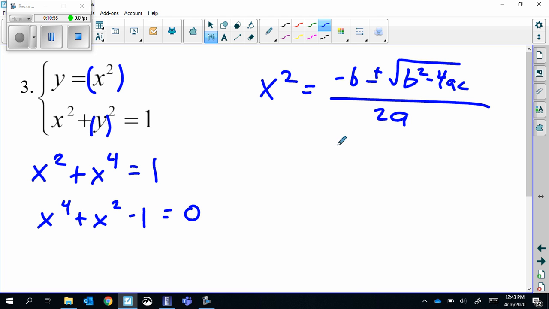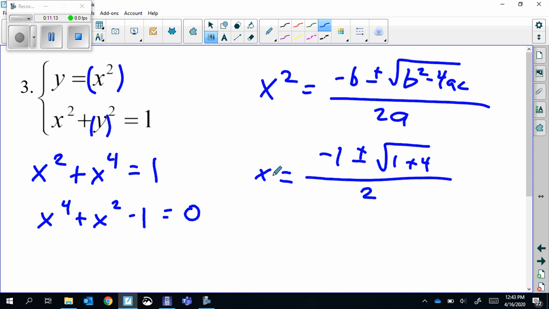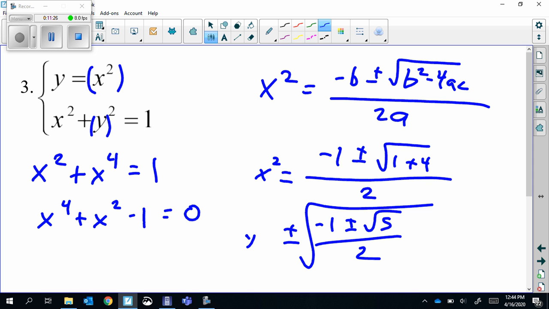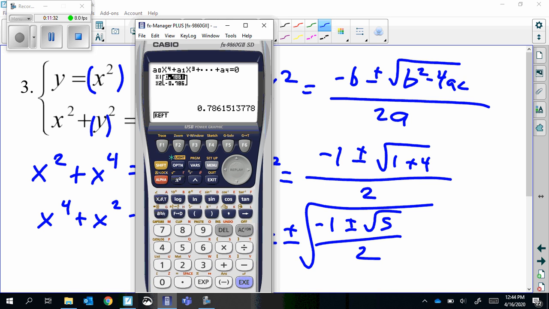So b is 1, 4 times a times c. So that's 4 times 1 times negative 1. Would be negative 4. All over 2a, and a is 1. So this is x squared. Would be negative 1 plus or minus a square root of 5 over 2. But then remember we have to do square root of all of that, and it's plus or minus. So those should be the same decimal numbers, but that's not really that useful to go with.